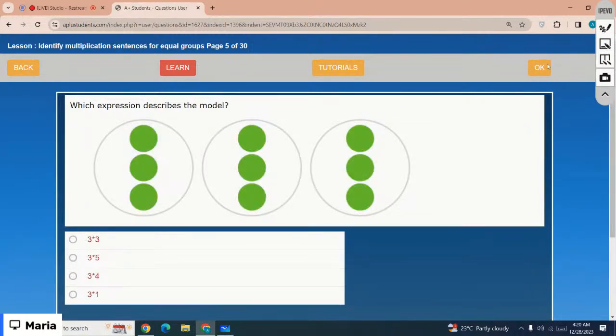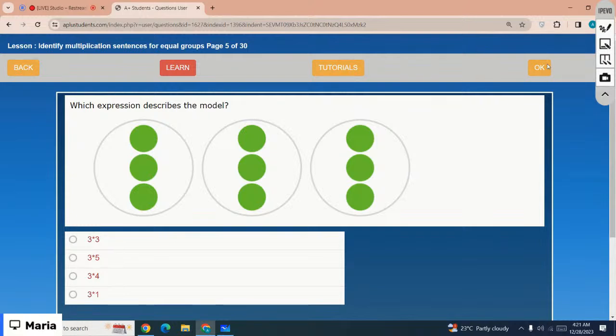Okay, which expression describes the model? Which is the correct option? Very good.